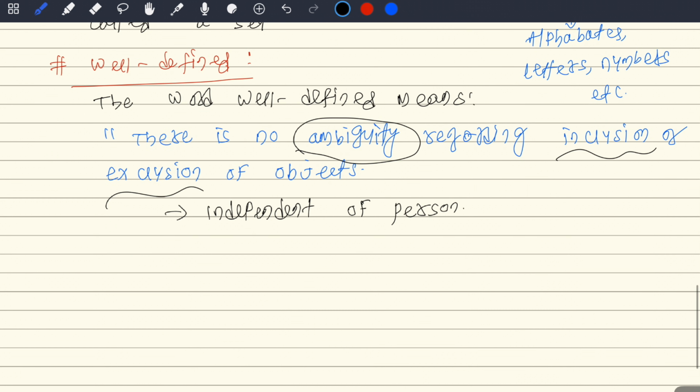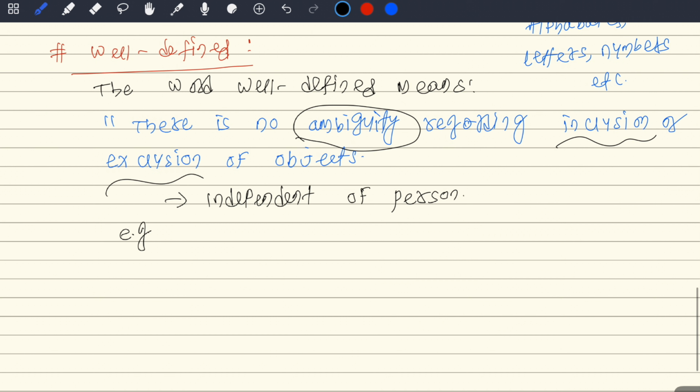What does it exactly mean? For example, suppose A is a set whose elements are the natural numbers: 1, 2, 3, 4 and so on. If I ask Lavanya, then for Lavanya also the set A has the same elements, right?